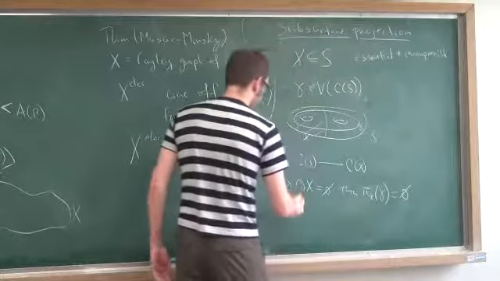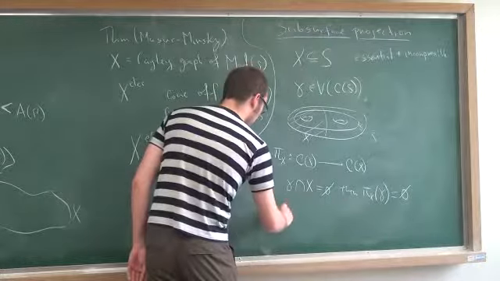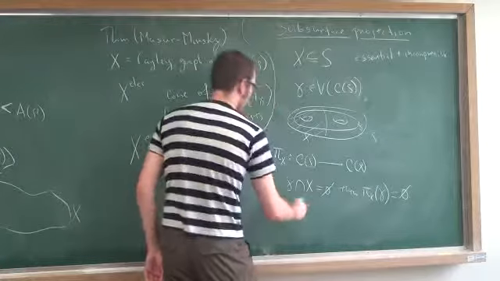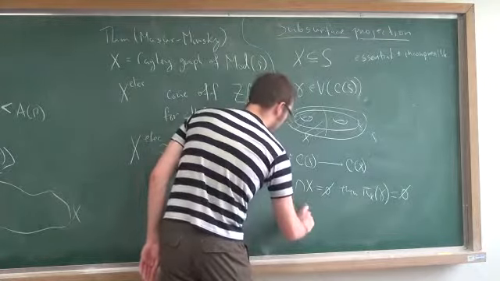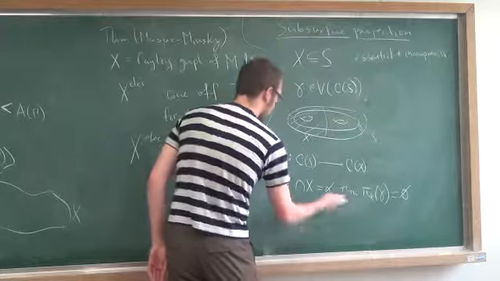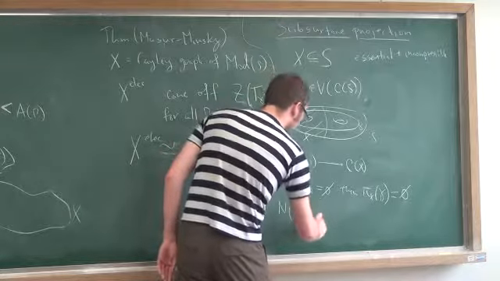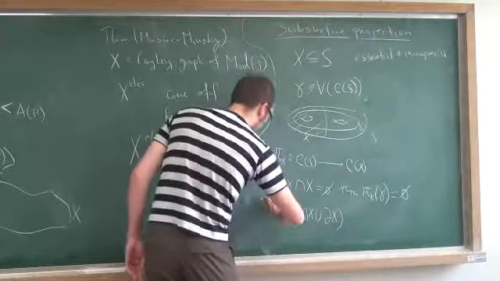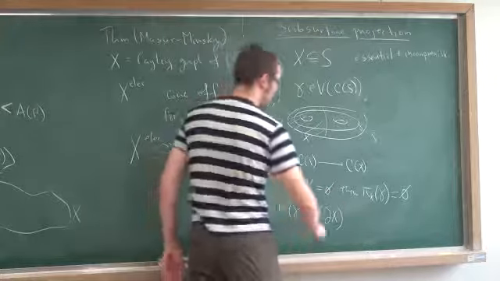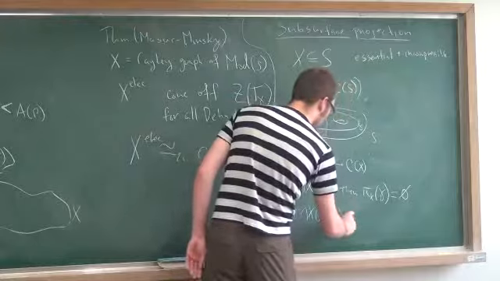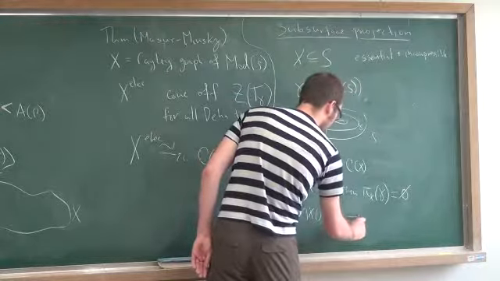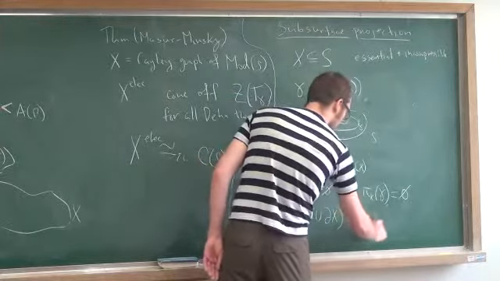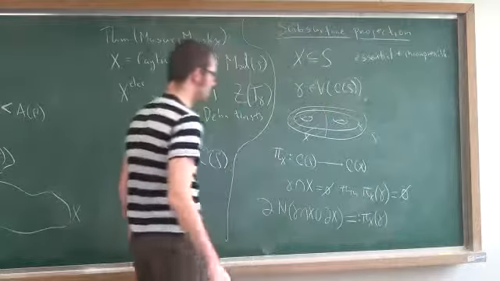Otherwise, we look at a tubular neighborhood of gamma intersect X union the boundary of X, and then we take the boundary of this, and this is defined to be the projection onto X of gamma.